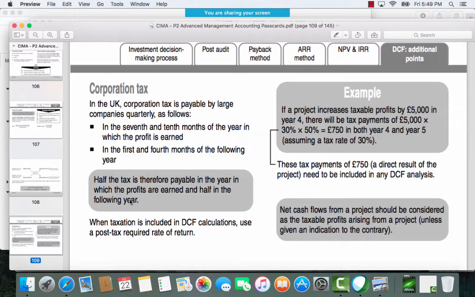These tax payments of 750 are direct results of the project, right? So this whole thing needs to be calculated into your discounting factor as well, right? And here they are assuming a tax rate of 30%.